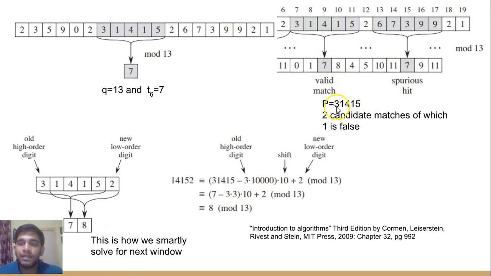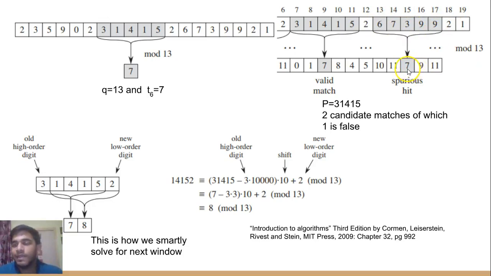So let's say we did this for the whole text and ended up getting 7 twice. Well, let's say the pattern was also 31415 and this one mod 13 gives us 7. So we see that there have been two candidate matches, one here and one here. Now this is why we said that we need to compare the pattern with the valid matches, because there can be some false positives, just like this one here. Now the number 67399 when divided by 13 also gives the remainder 7.